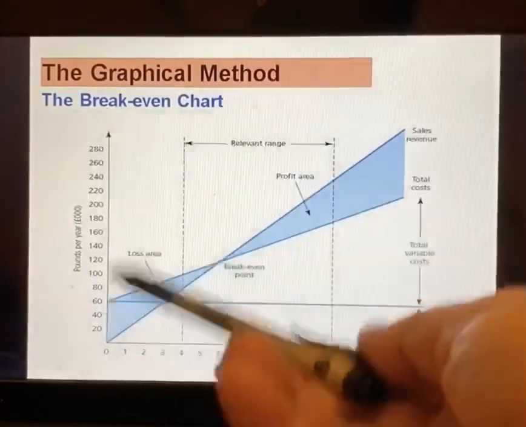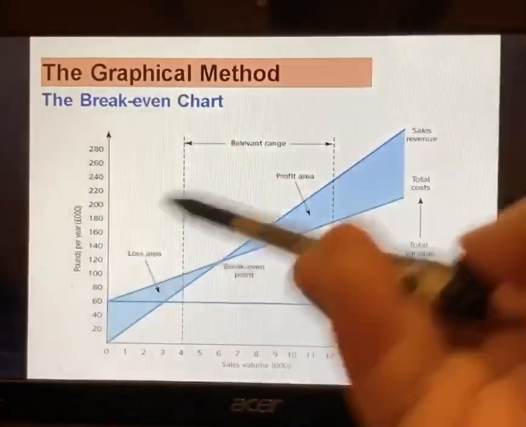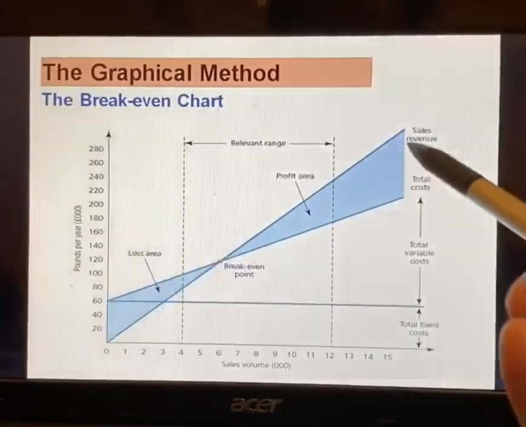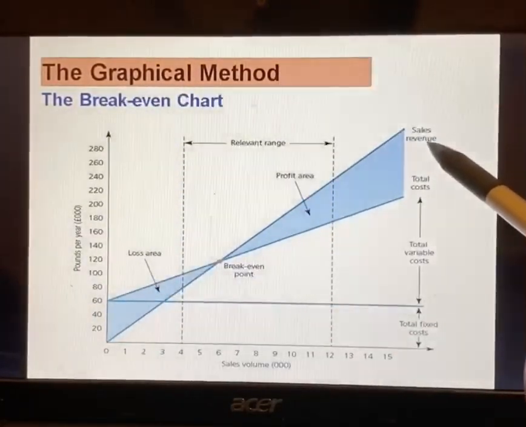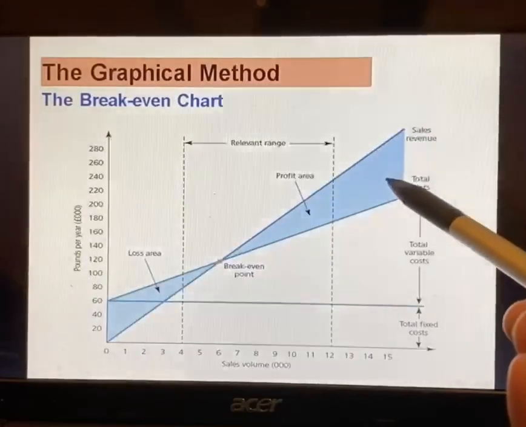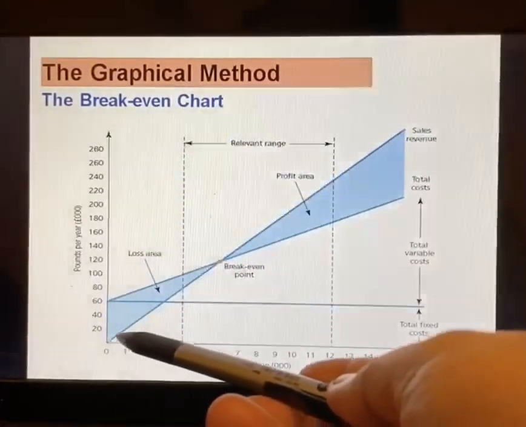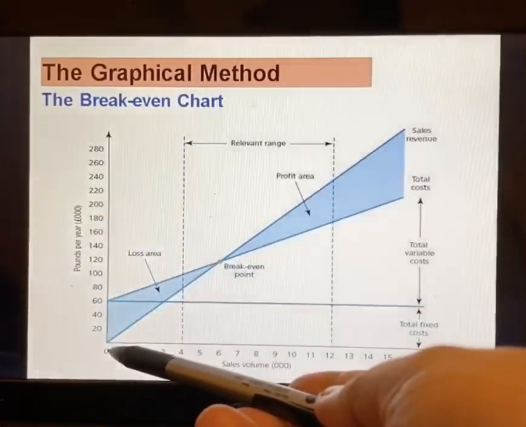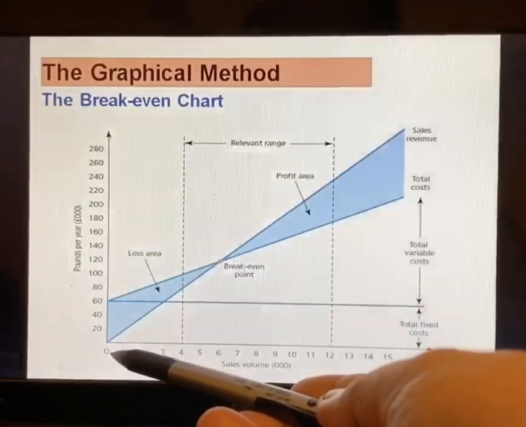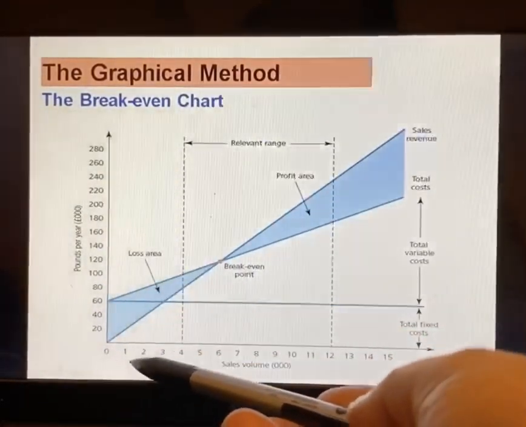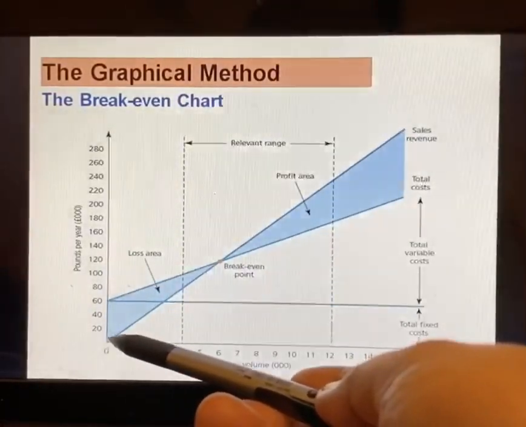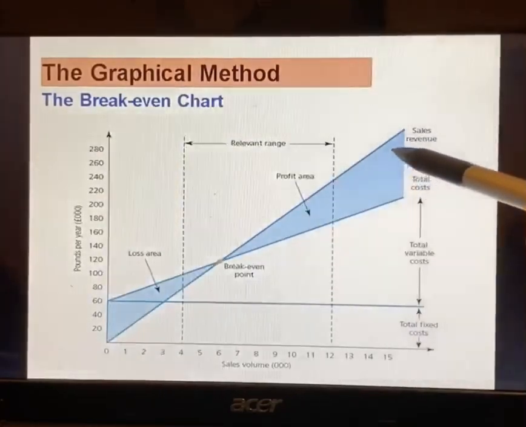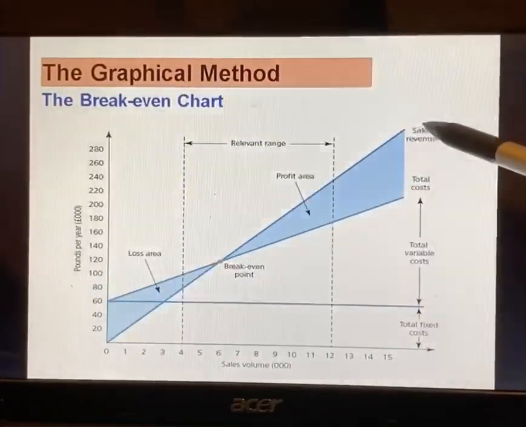So this is for the monetary values. Look at this sales revenue line: it makes an angle of 45 degrees from the starting point at 0 RM and 0 quantity volume.